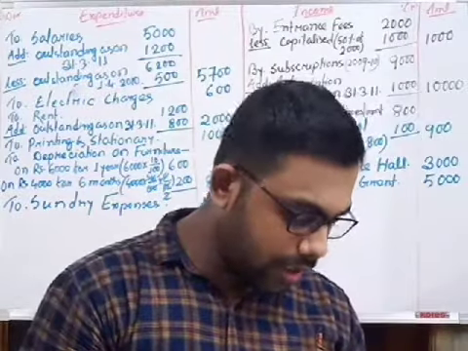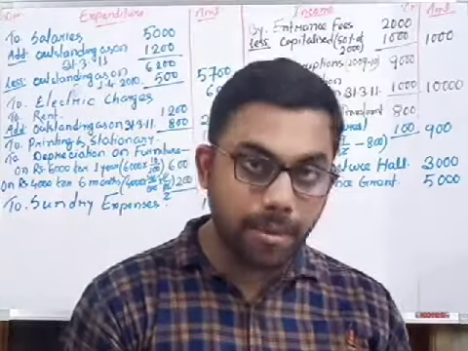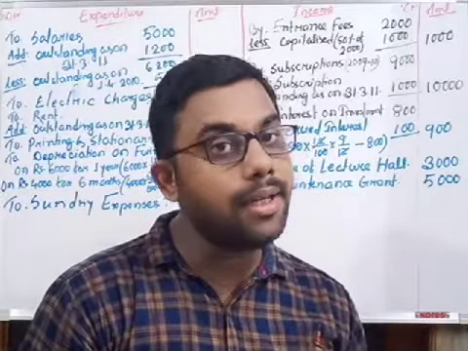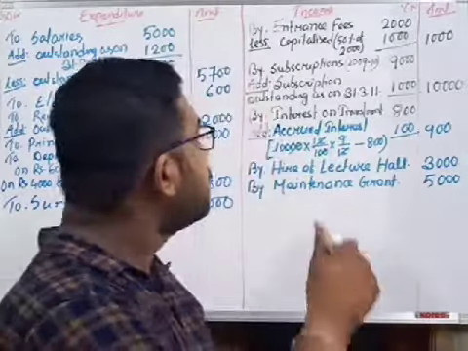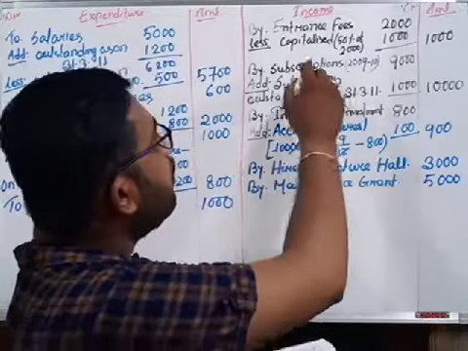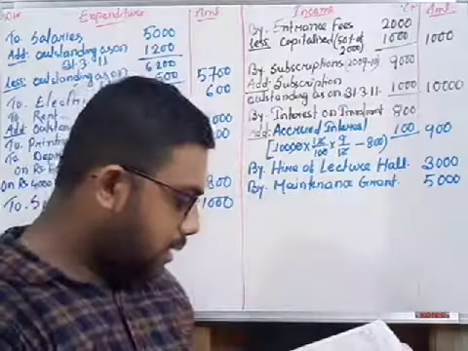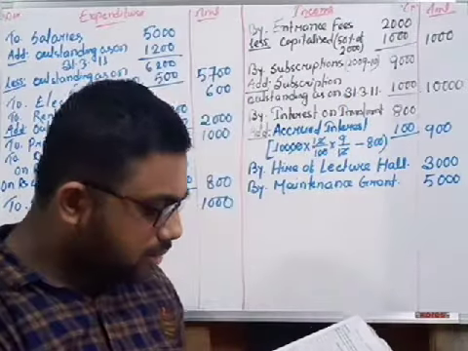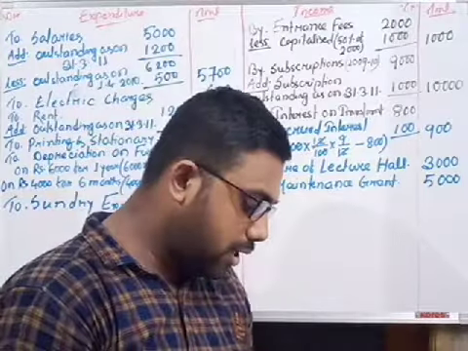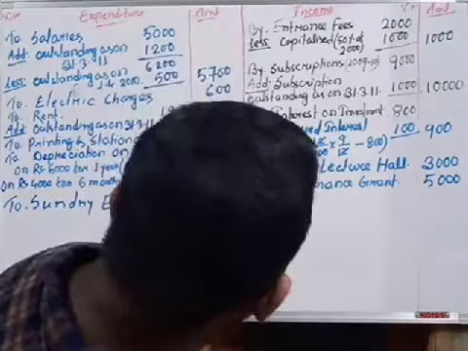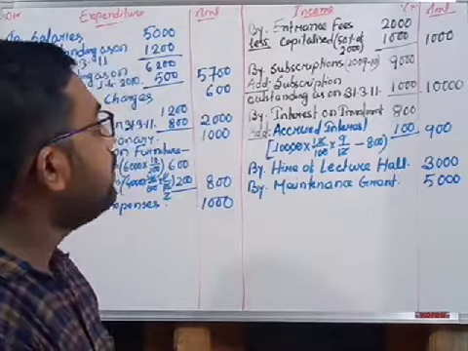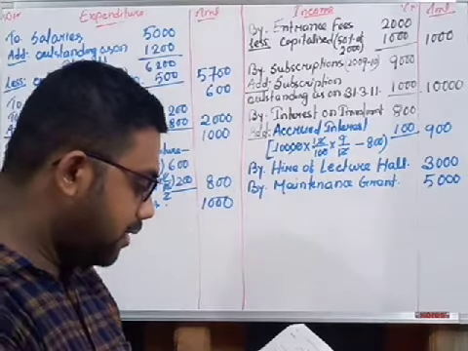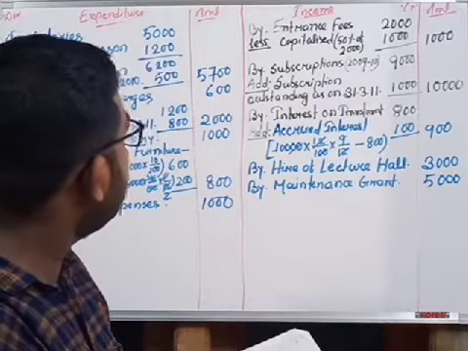We have already done this. Outstanding salary was rupees 500, that means outstanding at the beginning of the year. We have to deduct this item from the total amount of salary. And the last one is that 50% of the entrance fees is to be capitalized. So we have already done it. Okay. So now we have to check the amount of surplus or deficit.